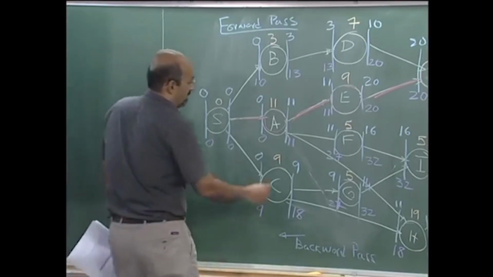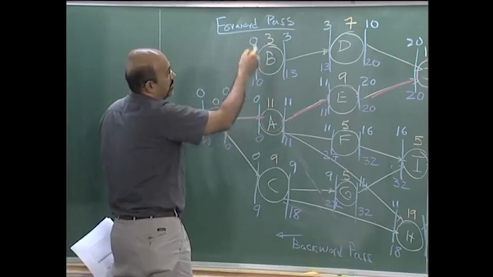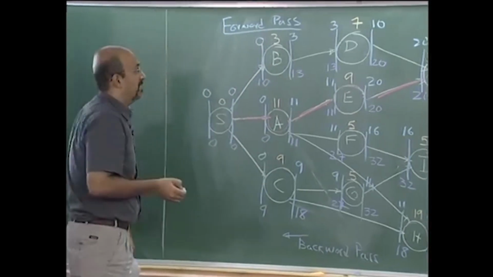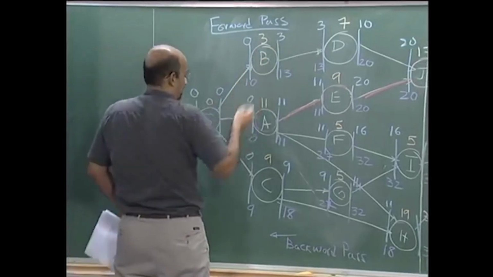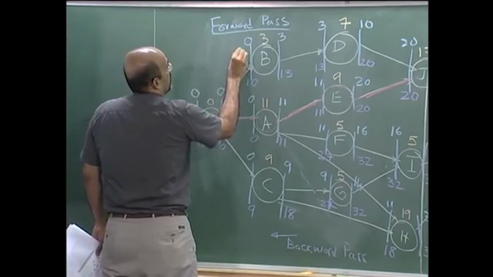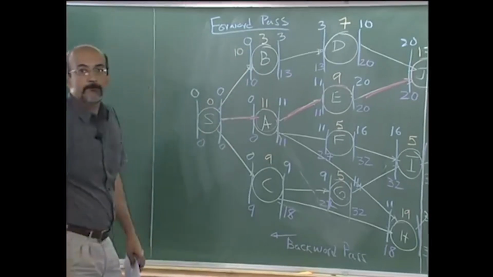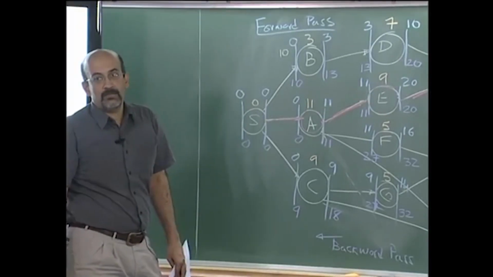When we come to, let's start from this side, let's take B, of course, total float 10 days. I'm going to write the total float here. Does it have any free float? No, 0. Why doesn't it have any free float?